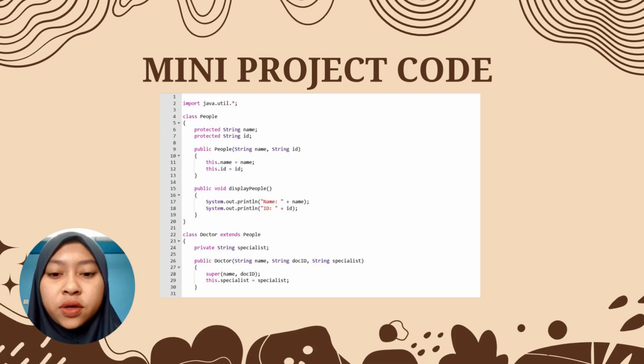For line 24, private String specialist. For explanation, it is a unique attribute for a doctor, protected by private access. For lines 27 to 30, the public Doctor constructor takes name, doctor ID, and specialist, calling super(name, doctorID) and setting this.specialist = specialist.